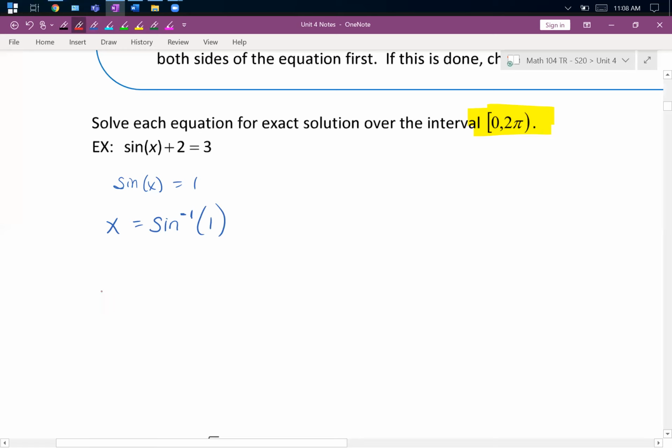We want to find where from 0 to 2 pi, so that's the whole unit circle, where from 0 to 2 pi does sine equal 1.